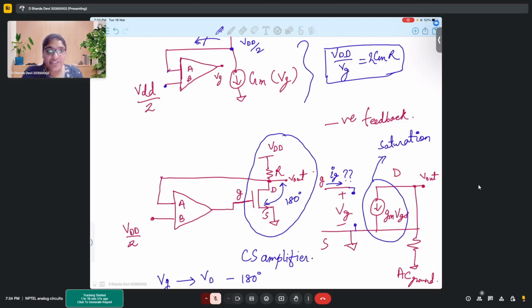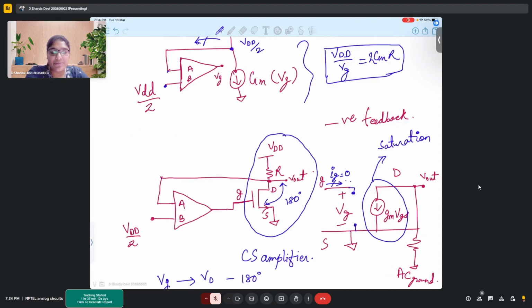Is there any connection to ground where your current can flow? No, right? So IG is always zero. So gate current is always zero.